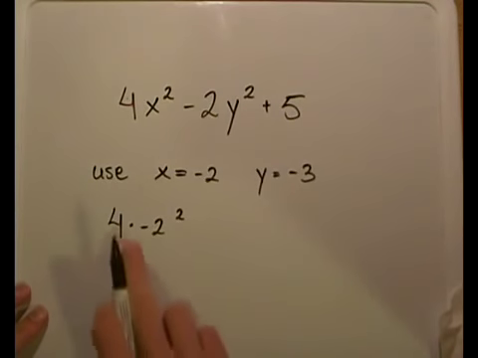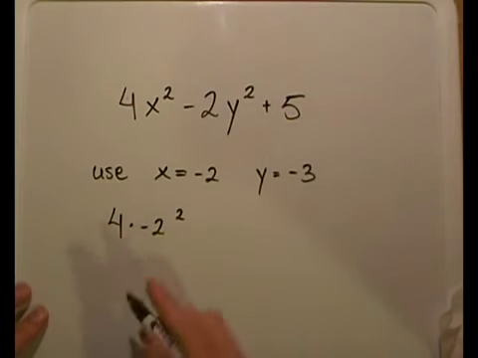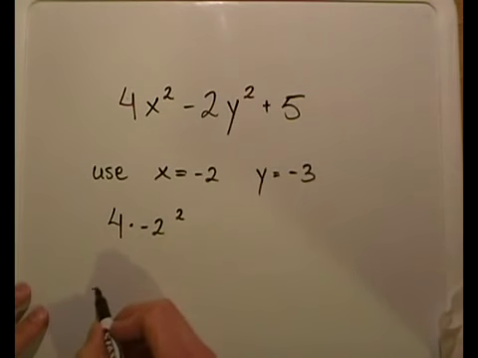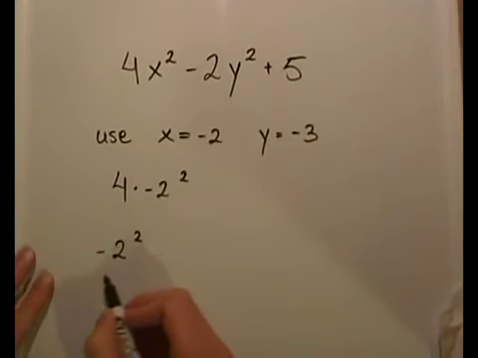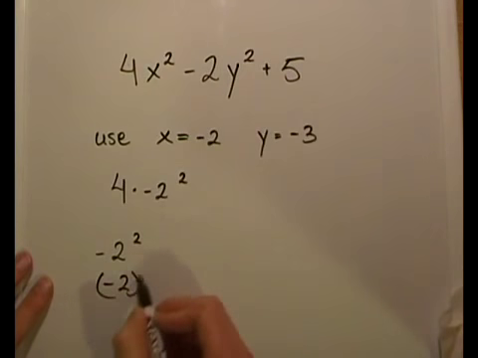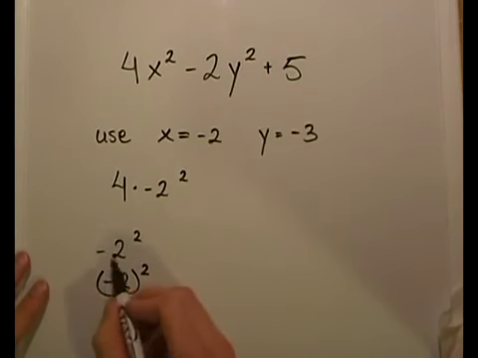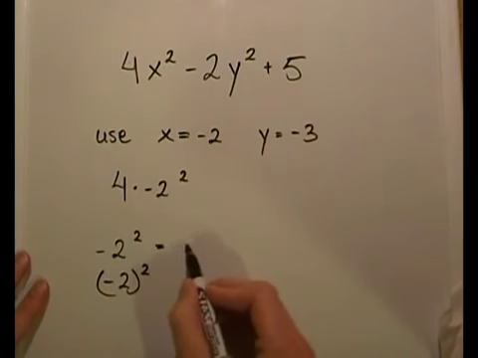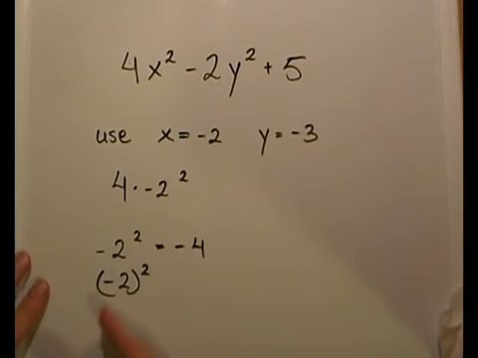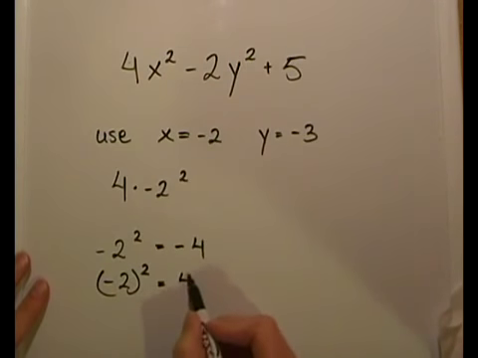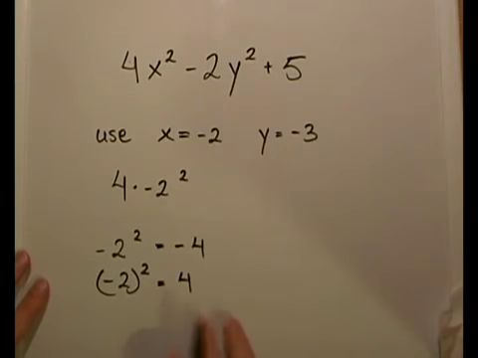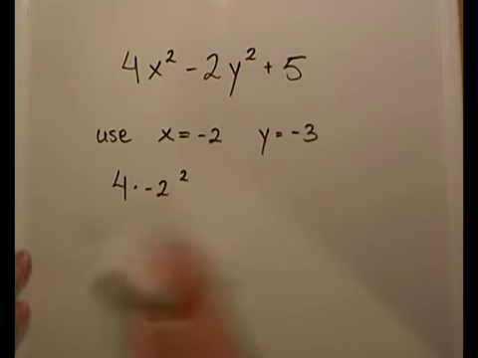Those are two completely different equations. Now -2 squared and -2 in parentheses squared equal two different things. -2 squared equals -4, and -2 in parentheses squared actually equals +4.